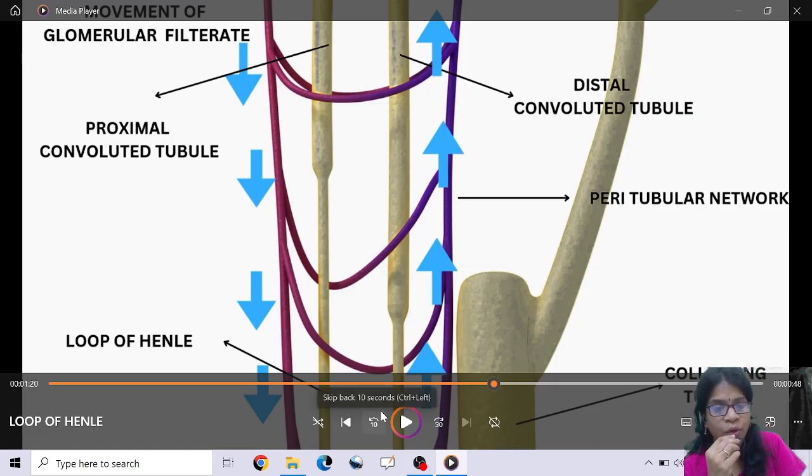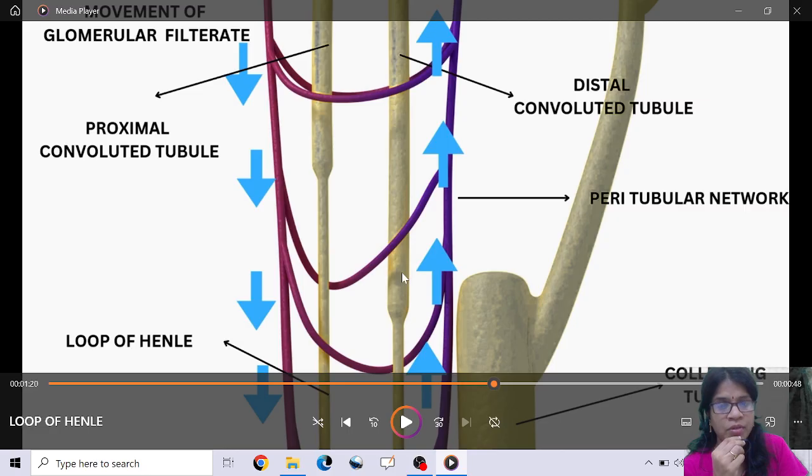When it goes down and starts coming out through the ascending limb of your loop of Henle, exchange again happens. One more thing: this ascending limb is impermeable to water. Thus the sodium ions move from the tubule into the interstitial fluid, making the renal fluid hypotonic again, because it is hypertonic in the descending limb and now becomes hypotonic.